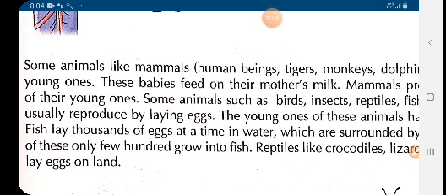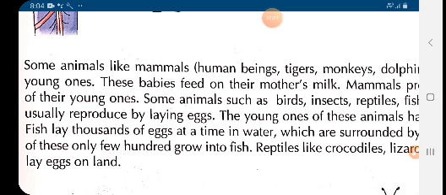Some animals, such as birds, insects, reptiles, fishes, frogs, and snails, usually reproduce by laying eggs. The young ones of these animals hatch from their eggs. That means living beings reproduce in two ways, either by laying eggs or by giving birth to a baby of their own kind.